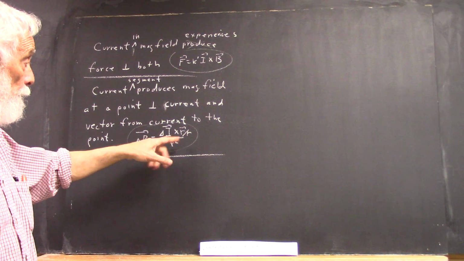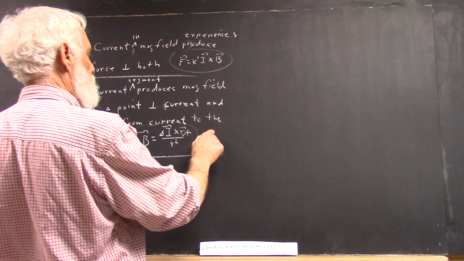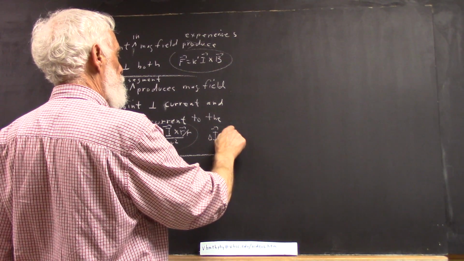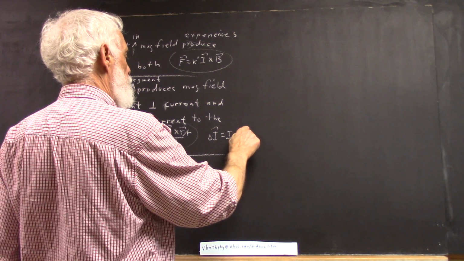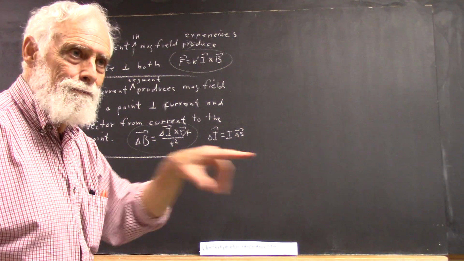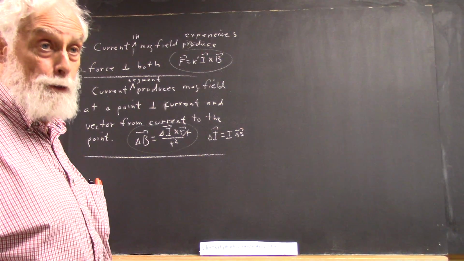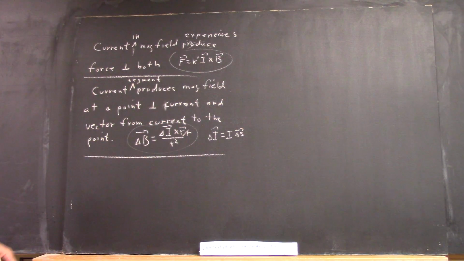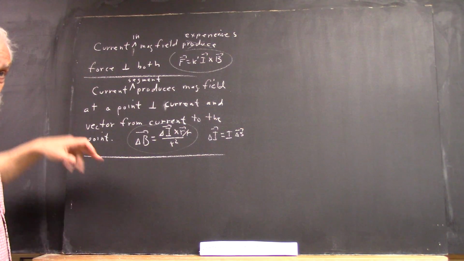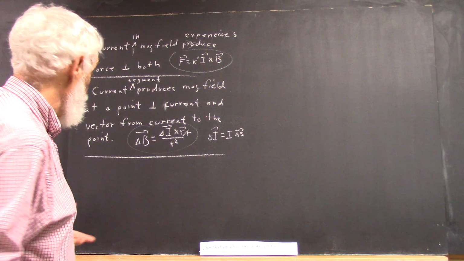So the more current, and the delta I is like an I delta S, where delta S is a vector in the direction of the current. Okay? Again, we'll work out the details. That's what it's going to look like. But this you've seen, and I'm going to want you to just play around with for the rest of the lab. Okay? See what you can find.